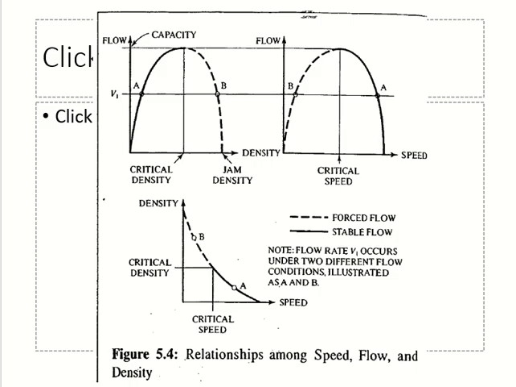Now we have studied three things: rate of flow, speed and density. Which of them is called capacity? Rate of flow. So this is the maximum rate of flow, right? There will be a maximum density as well. There is a maximum rate of flow, and there is a maximum density as well, right?